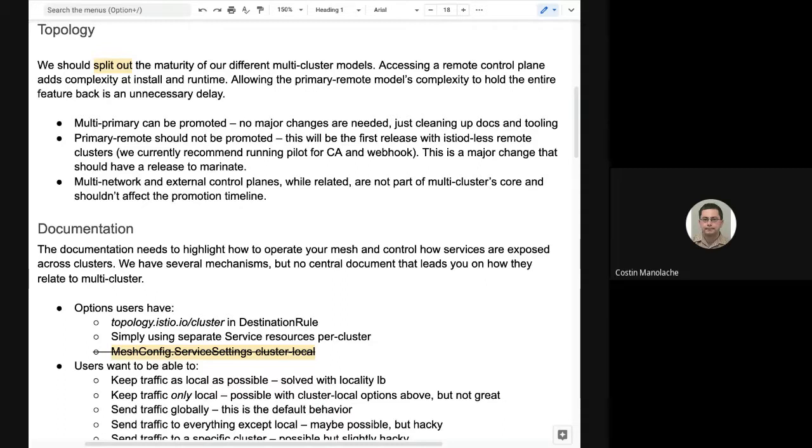It works, but with limitations. Okay, so the primary concern is headless service doesn't work very well with multi-network, and also some of the security concerns.